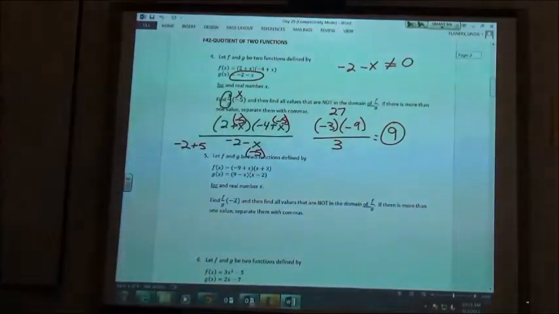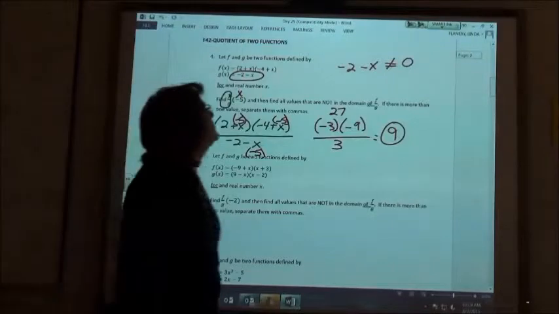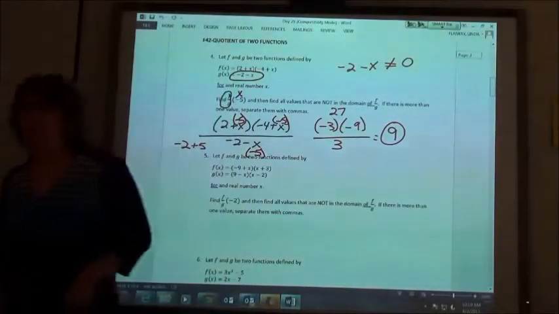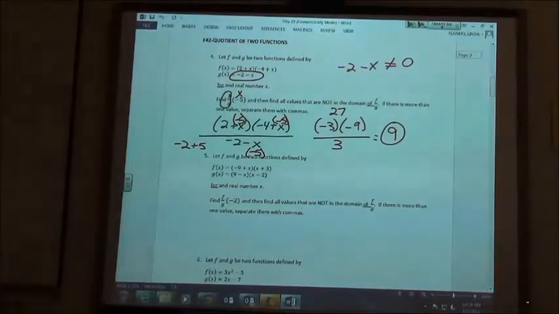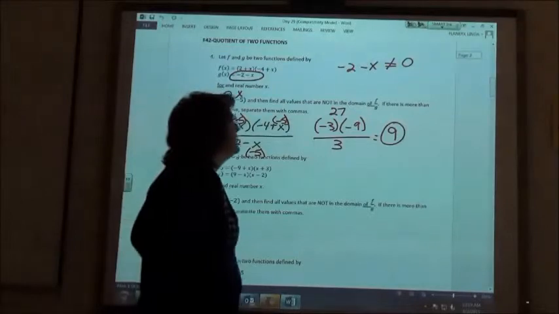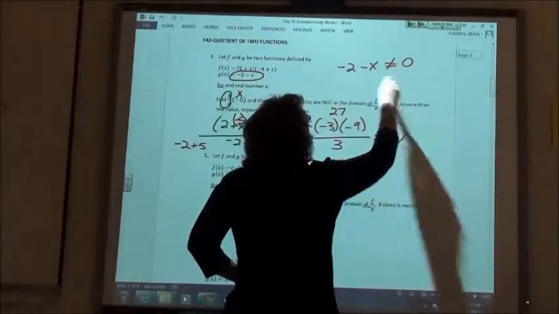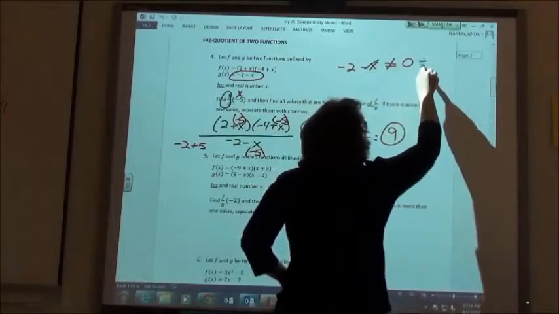And then I'm just going to solve that. Solve it just like an equation. You're going to move your x over to the right, which makes it a positive x.